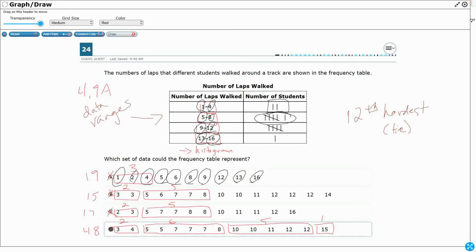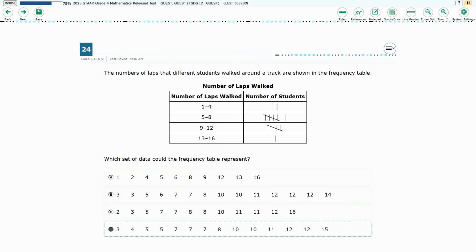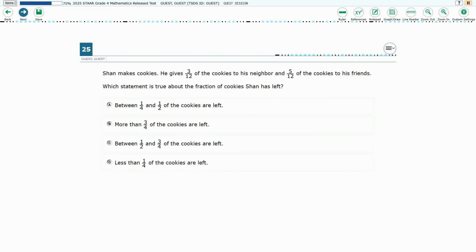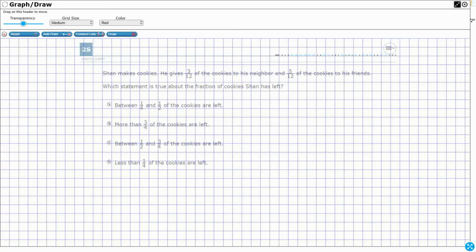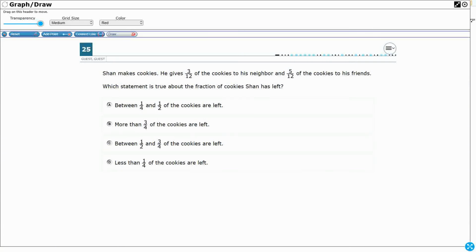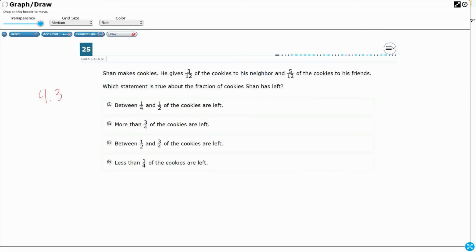Next, we are looking at 4.3F. So this is number 25, 4.3F, estimating fractional sums and differences. And so this one is definitely a challenge because look, we've got making some cookies.